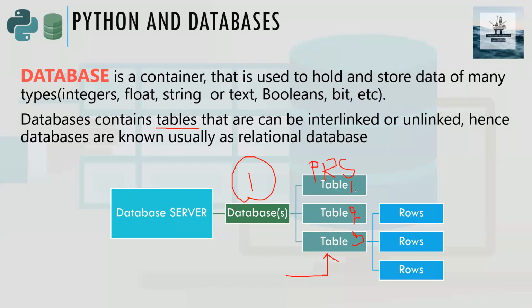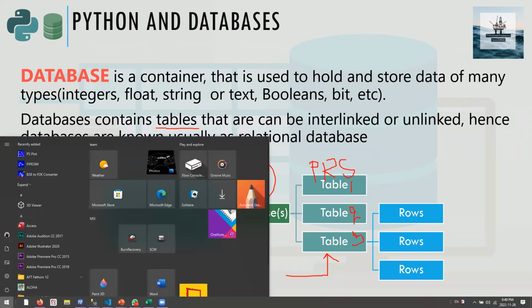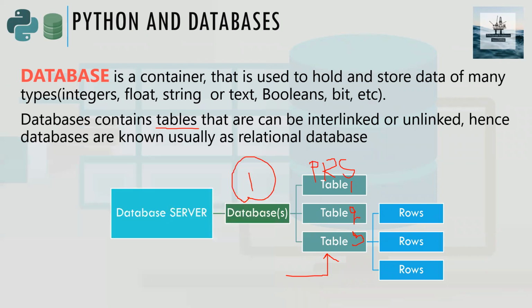Those 3 tables can talk to each other. They can be linked together once you are managing or retrieving data. That's the unique property of the database, because it has relations. Those tables have a relationship between them. So let me give you an example of a really bad database.